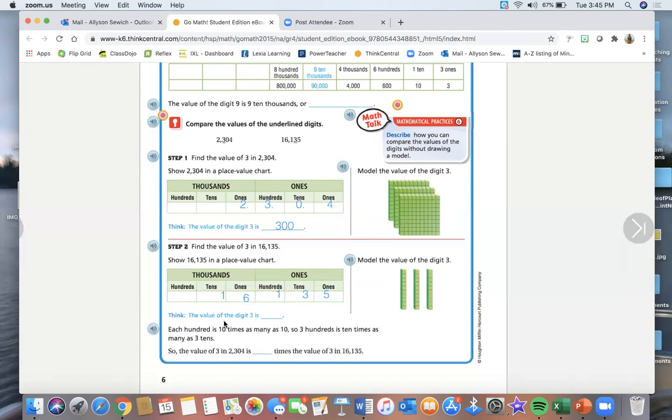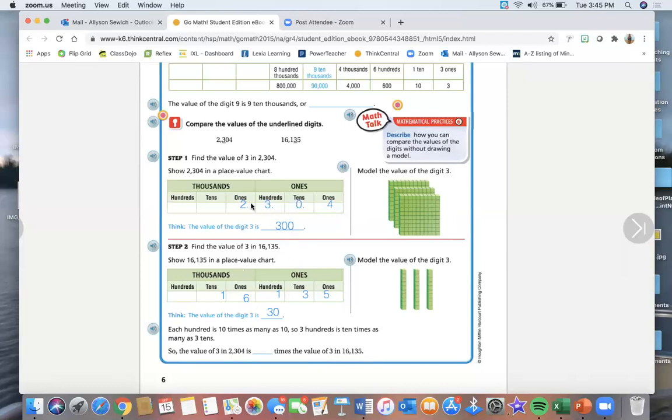So the value of the digit 3 in 16,135 is the tens. 3 written as a 10 is 30. So each 100 is 10 times as many as 10. So 300s is 10 times as many as 3 10s. Now it's saying, the value of 3 in 2,304 is how many times the value of 3 in 16,135.